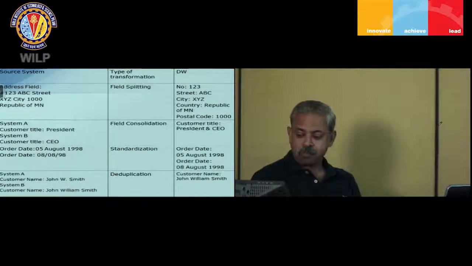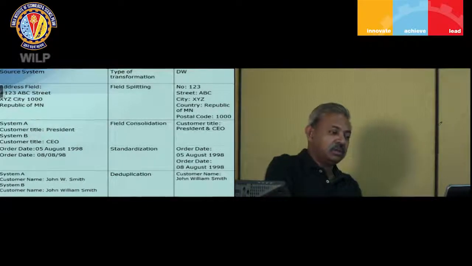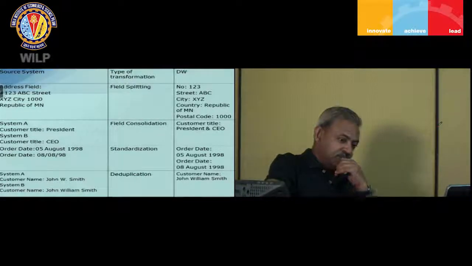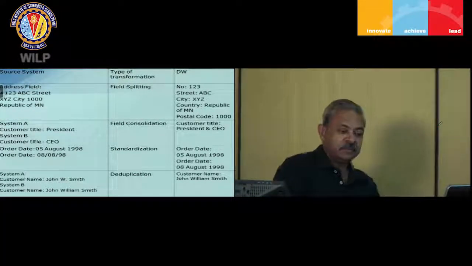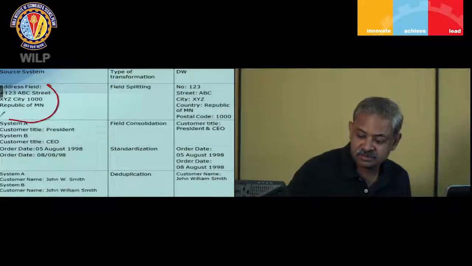If you look at the first column, the second column and the third column: the first column tells us how the data looks in the source system, the second is what kind of transformation I'm going to carry out, and finally how the data would look in the data warehouse. So this is the address field.